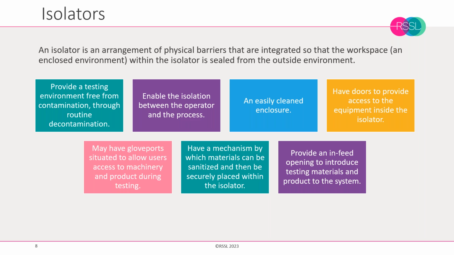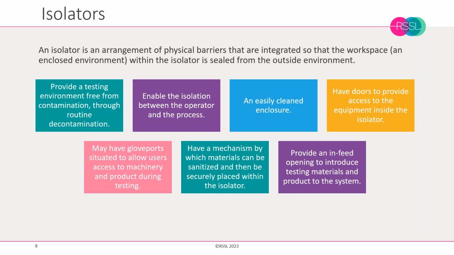Maybe that's a slightly limited definition, but an isolator is an arrangement of physical barriers that are integrated so that the workspace forms an enclosed environment, and there is a seal under pressure from the outside environment, and that inner space is subject to decontamination and supplied with clean air. So we have an environment to process or to test in that is designed to be free from contamination.